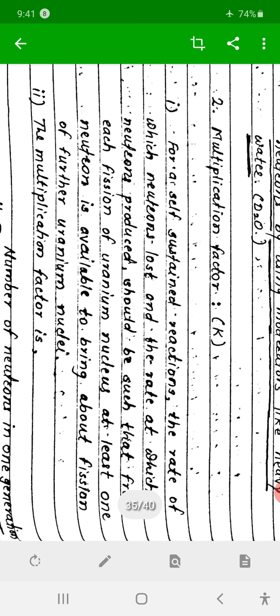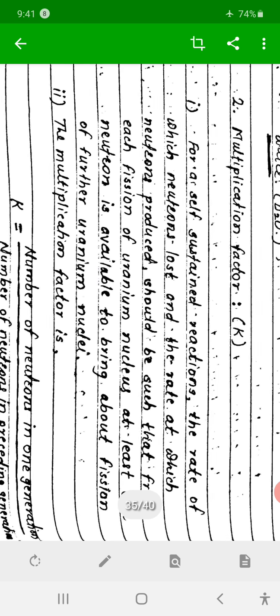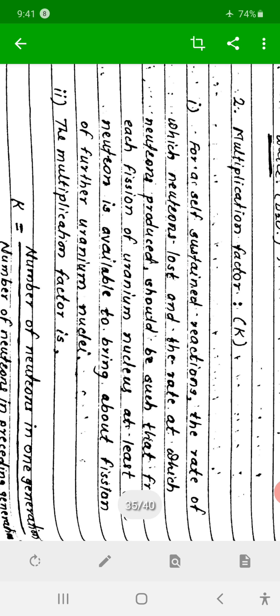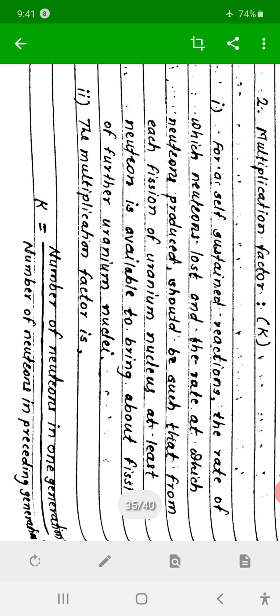The ratio of the rate at which neutrons are lost and generated should be such that from each fission of a uranium nucleus at least one neutron is available for further nuclear reaction.